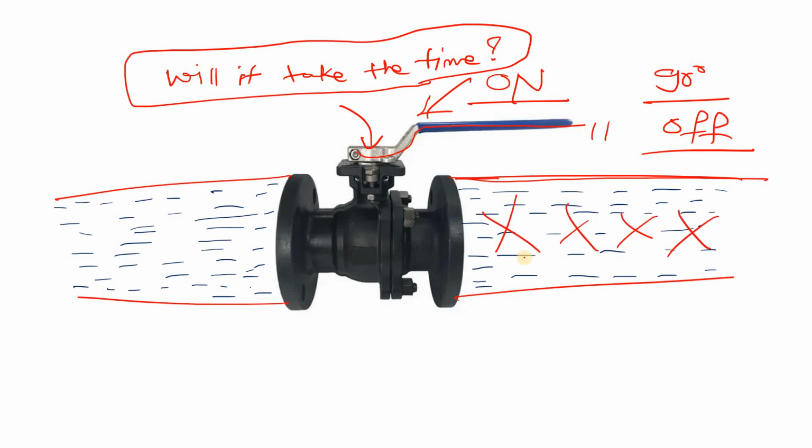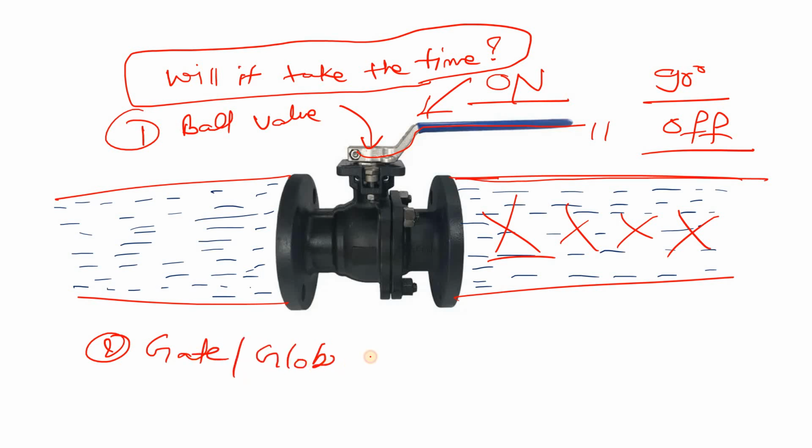If there is a ball valve in one case, and in the other case a gate valve or globe valve, then when will you require less time to close the valve: in the case of the gate valve or globe valve, or in the case of the ball valve?